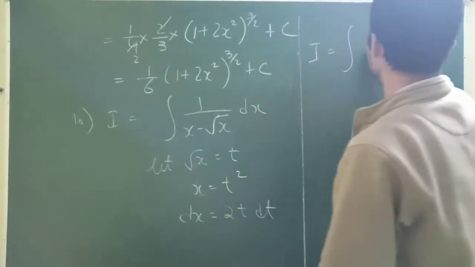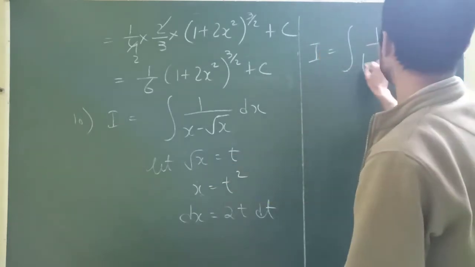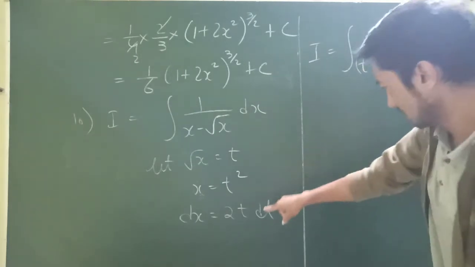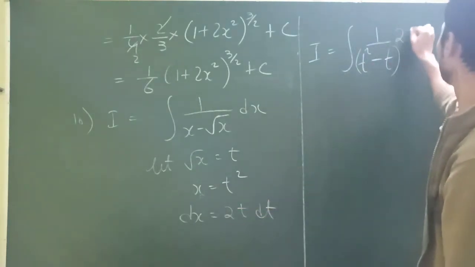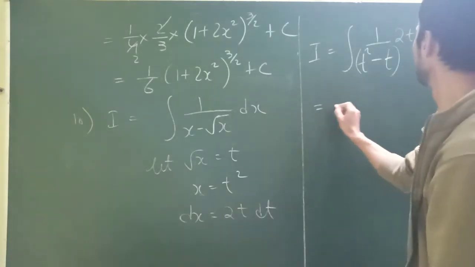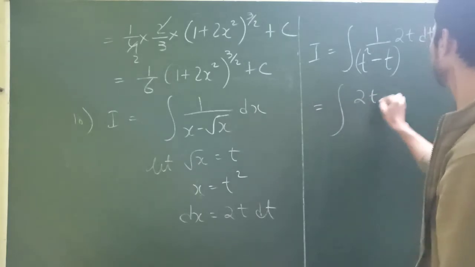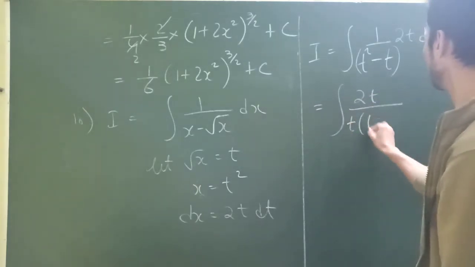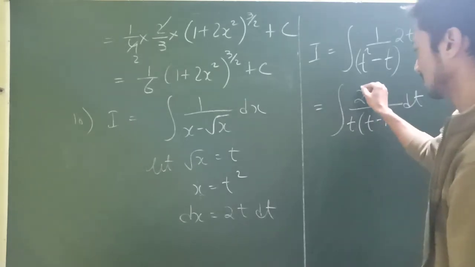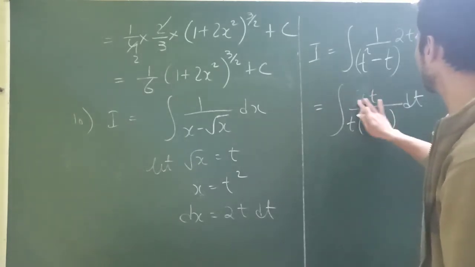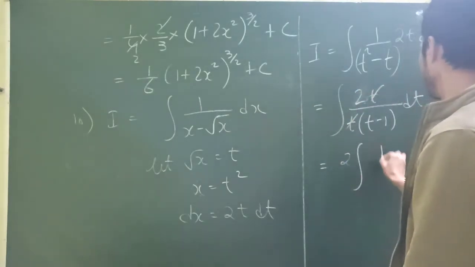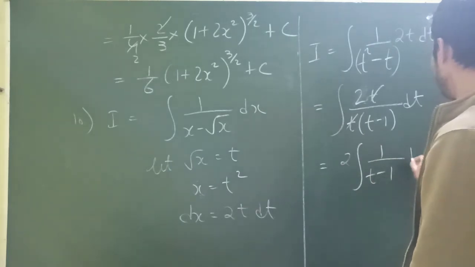So I equals the integral of 1 by (x is t squared minus root over of x is t), dx is twice t dt. So that's going to be twice of t. By taking t common, I have (t minus 1) dt. T cancels, so I have 2 integral of 1 by (t minus 1) dt.